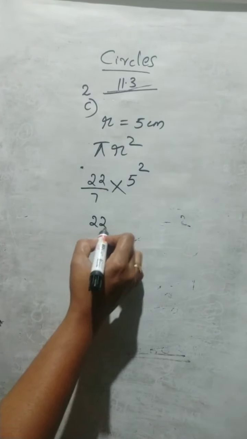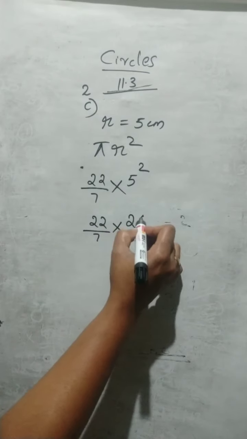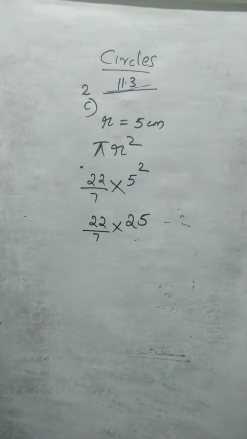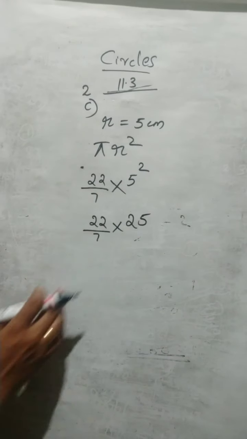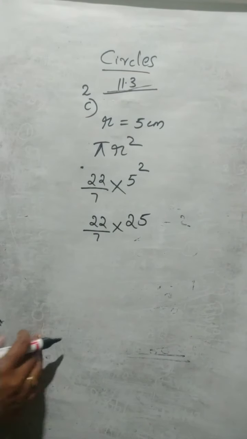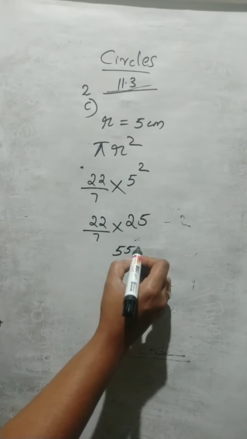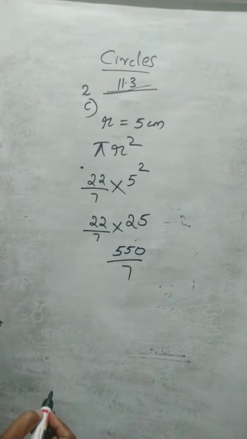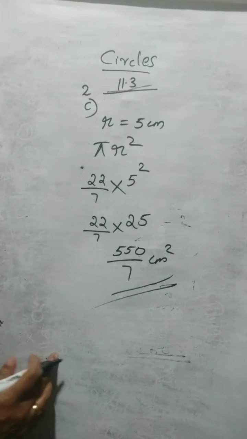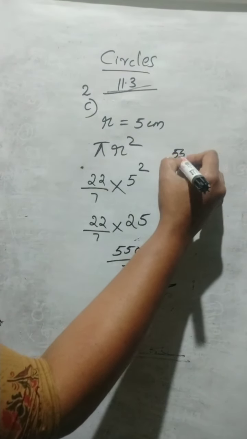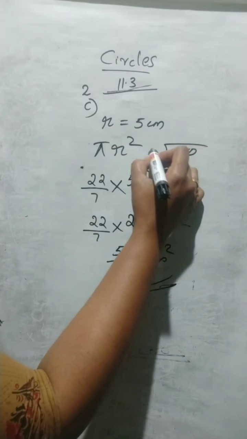Then 22 by 7 multiplied by 25. 5 into 5 is equal to 25. So 25 times 22 is equal to 550 on 7 centimeter square. We can stop it here or we can divide 550 by 7.